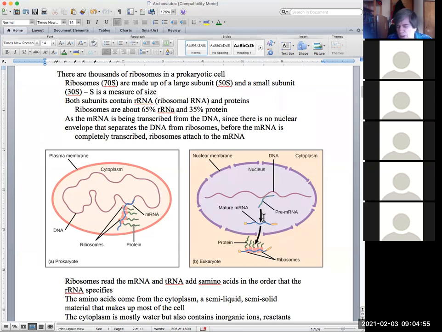So a eukaryotic cell does transcription inside the nucleus. Then it transports the messenger RNA out into the cytoplasm to a ribosome. And out in the cytoplasm, it does translation. So that nuclear envelope is crucial in a eukaryotic cell. It separates transcription from translation.